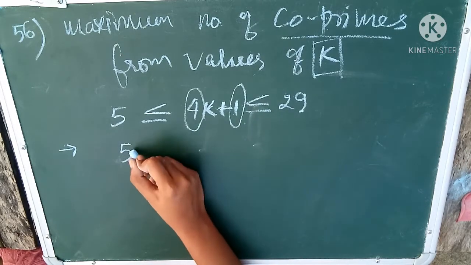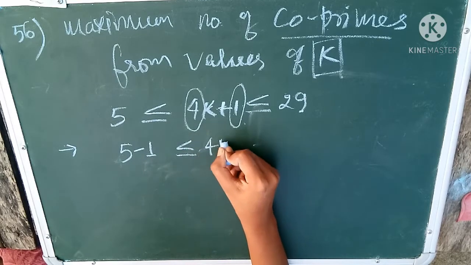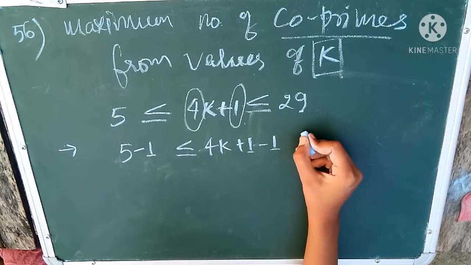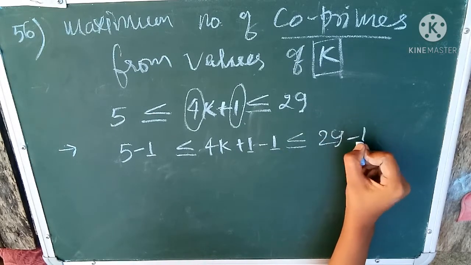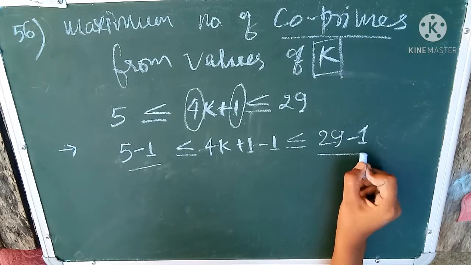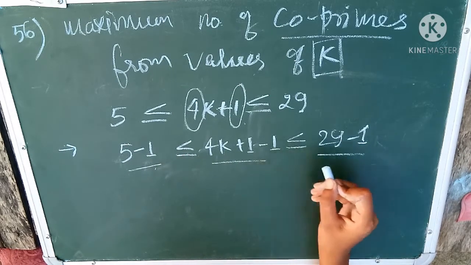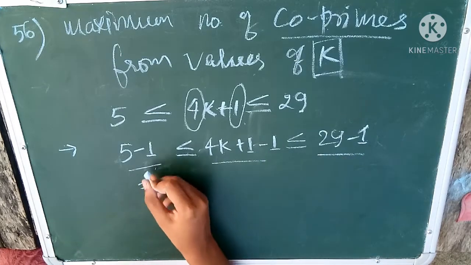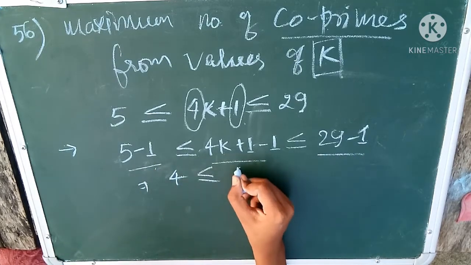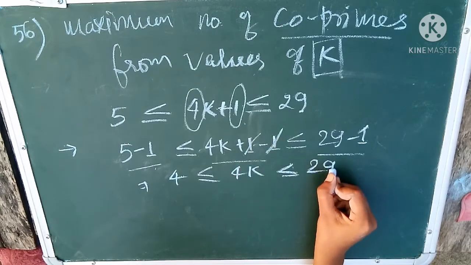Here we subtract 1 from every term: 4k plus 1 minus 1, and 29 minus 1. From the left side, right side and the middle, we do the same process. So we get 4, and 4k because the 1 and 1 cancel, and 28.